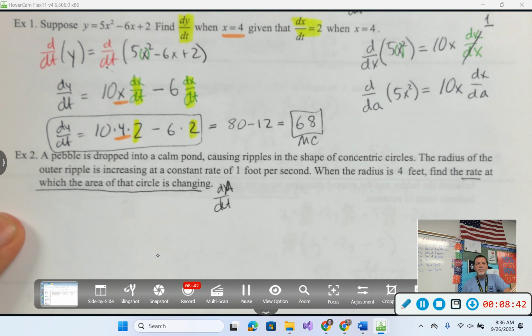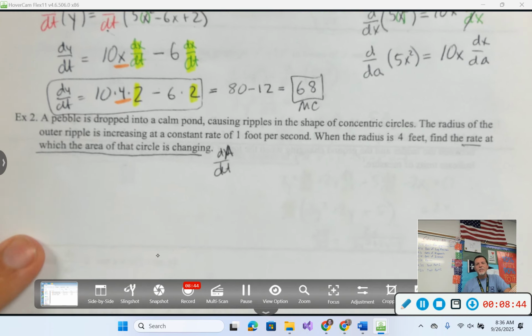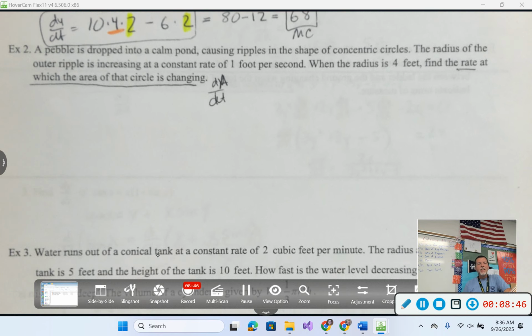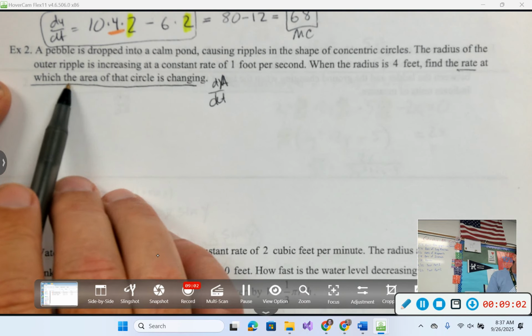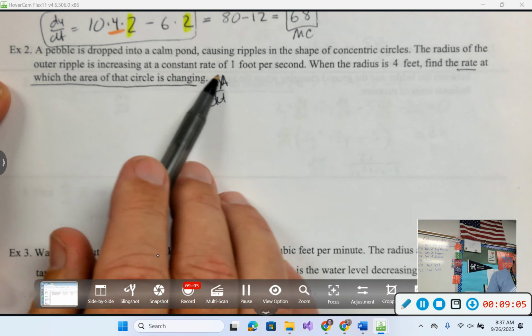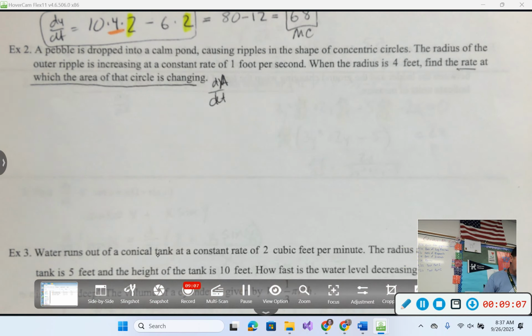All right, but that was just x's and y's and t's. Let's get into real world stuff here. A pebble is dropped into a calm pond, causing ripples in the shape of concentric circles. Right? Everybody's seen this. You've tossed, guys especially, as big a rock as you can in the pond to make a splash, but then the circles emanate outwards. The radius of the outer ripple is increasing at a constant rate of 1 foot per second.